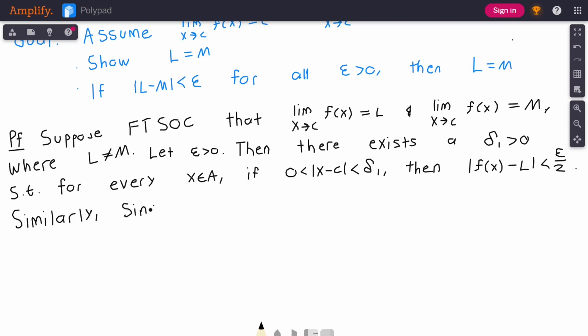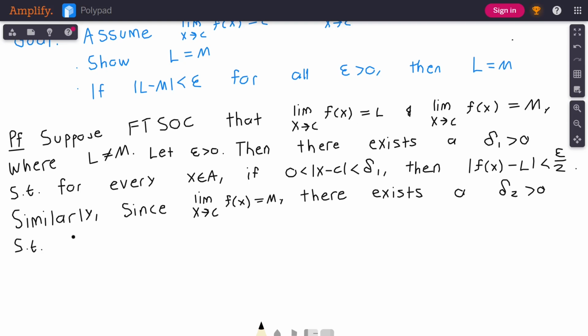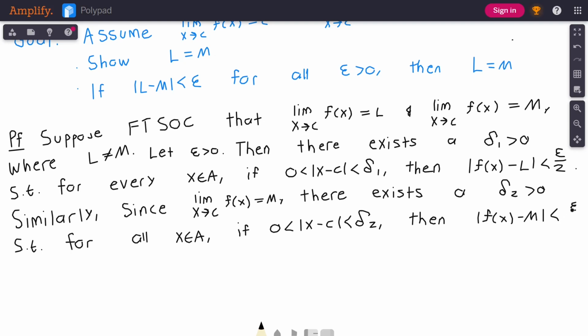Okay, so similarly, since the limit as x approaches c of f of x equals m, and then just directly from the definition, there exists a delta 2 greater than 0, such that for all x in A, if 0 is less than the absolute value of x minus c is less than delta 2, then the absolute value of f of x minus m will be less than epsilon over 2.